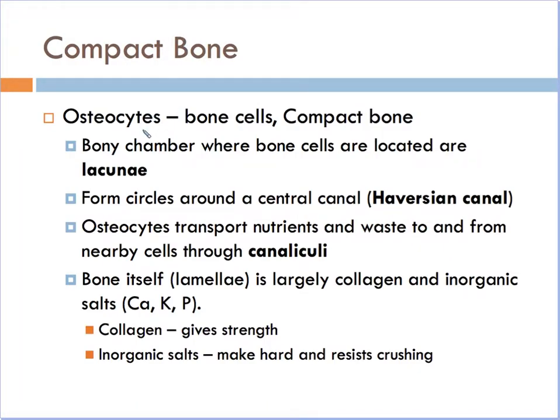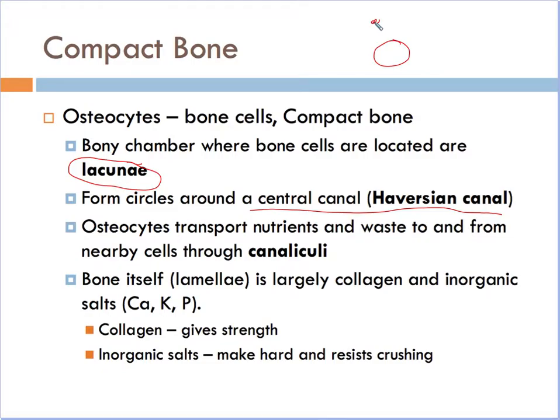So some terminology. Your bony chamber where bone cells are located is called the lacuna. This is that black hole. Lacunae space themselves out around the central canal. So this is your central canal, your Haversian canal. Your lacunae form circles. They space themselves out around it. So this is my central canal here.